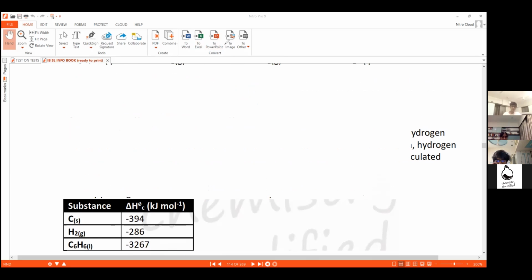First, the formula. Everyone, please pay attention here. How do I find out the enthalpy change of reaction from enthalpy change of combustion values?